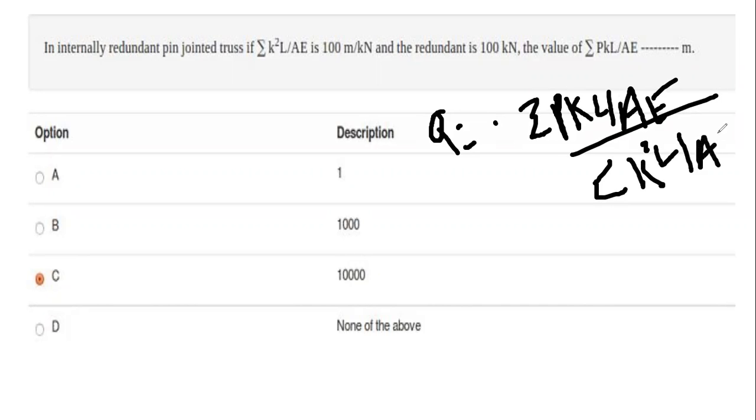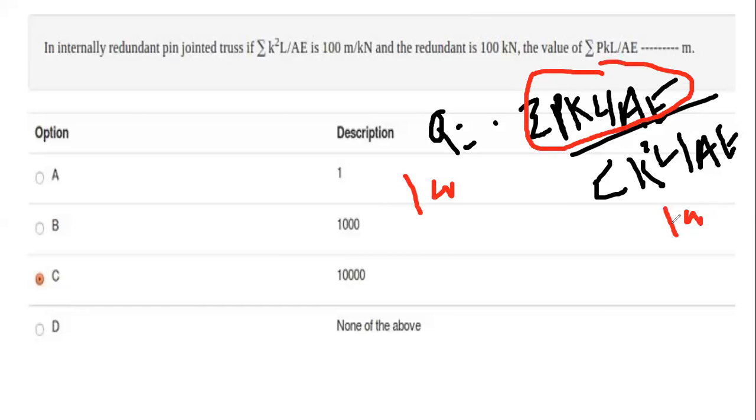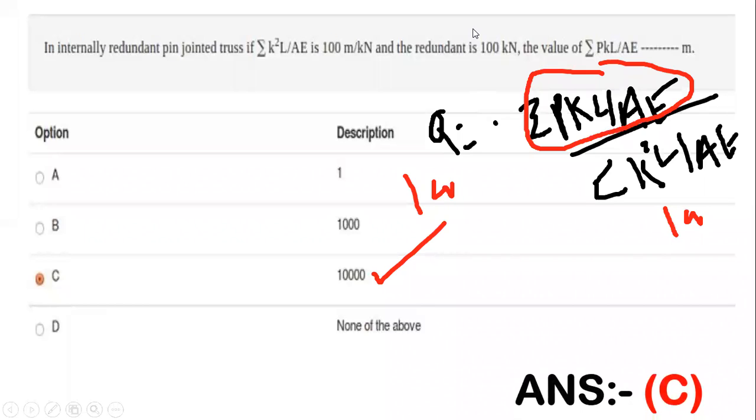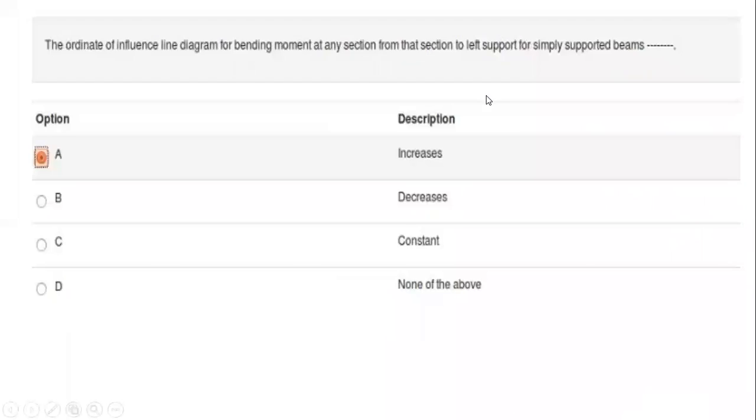Just do the cross multiplication. We want to find summation PKL by AE, and Q is 100, and K square L by AE is 100. So 100 into 100 will be 10,000. So the correct answer is option C. Just simplification is there.